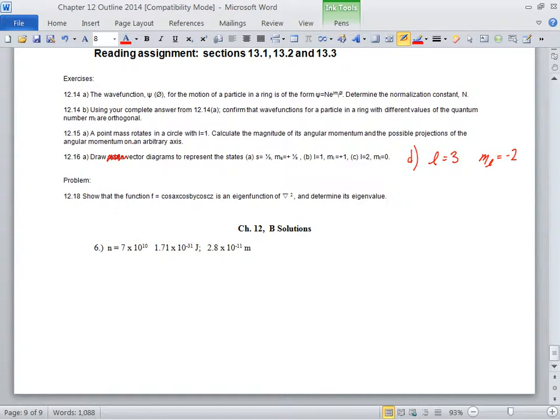Very often, I think the homework also asked you to draw all the states for, and they didn't give you the M sub L, they just gave you the L. So if I didn't give you this part, how many drawings would you have to do? Including M sub L is 0, that'd be 7, right? From -3 all the way up to +3. That'd be 7 drawings you'd have to make. So instead of having you draw 7 of them, let's just have you draw one of those 7.